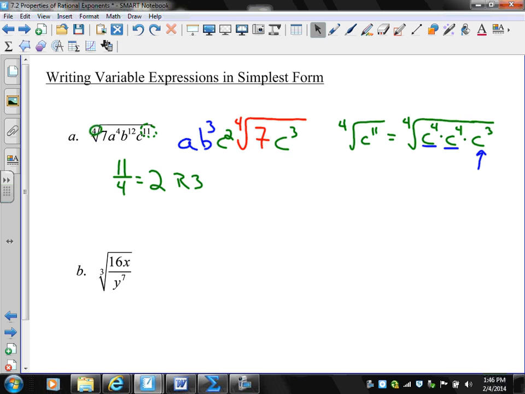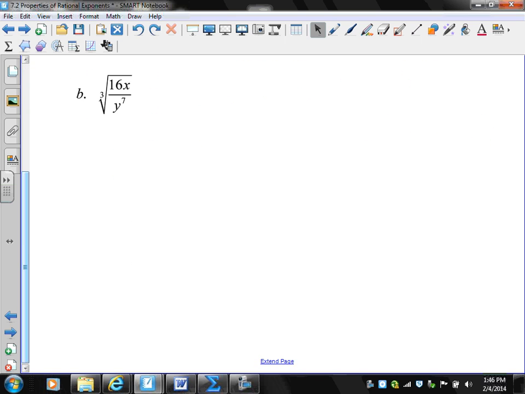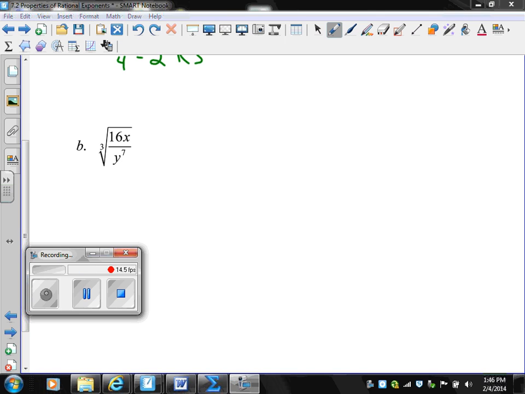All right, let's look at one more of these. So we're going to do the cube root of 16x over y to the 7th. Again, I'm going to break this up into 3 different thoughts: my 16, my coefficient, my x's, and then my y's. Well, we already did the cube root of 16 earlier, right?